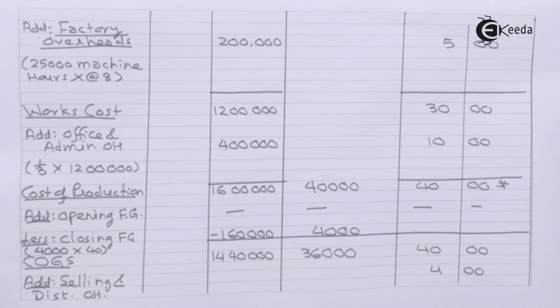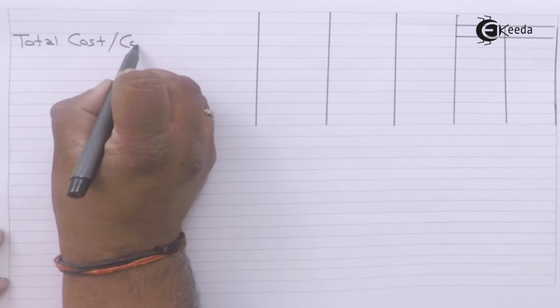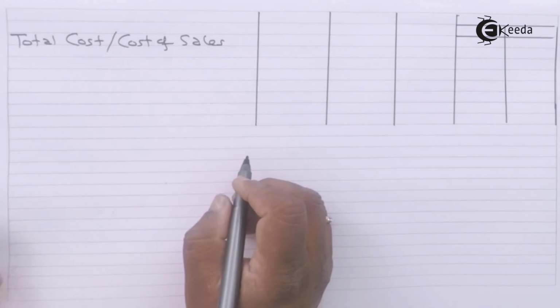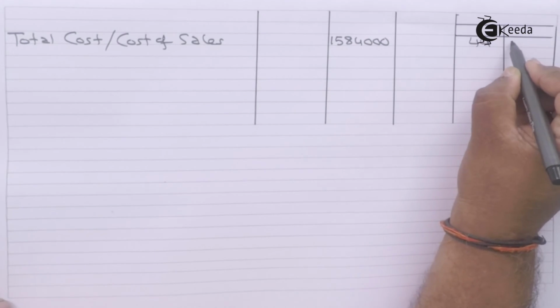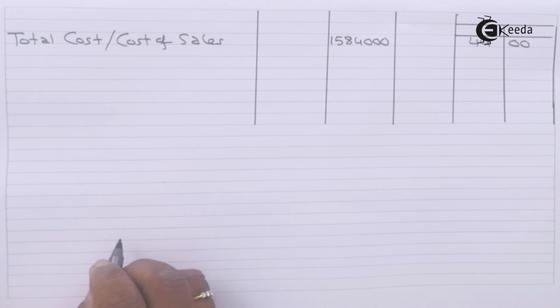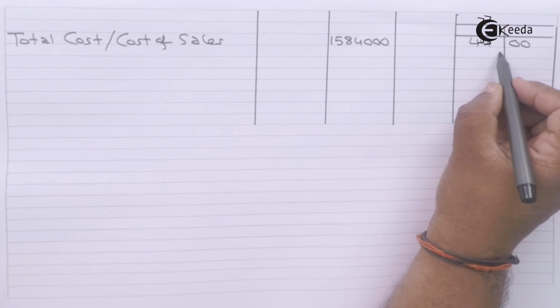So total sales commission will be 1,44,000. This will be added to arrive at total cost. So total cost or cost of sales is 15,84,000. Per unit it is rupees 44.